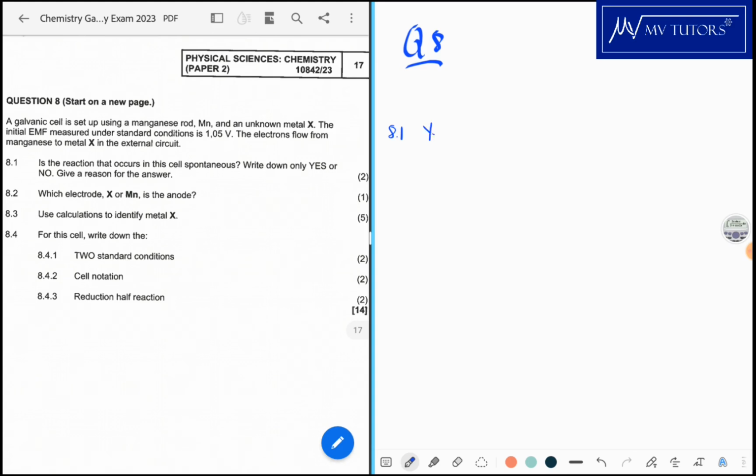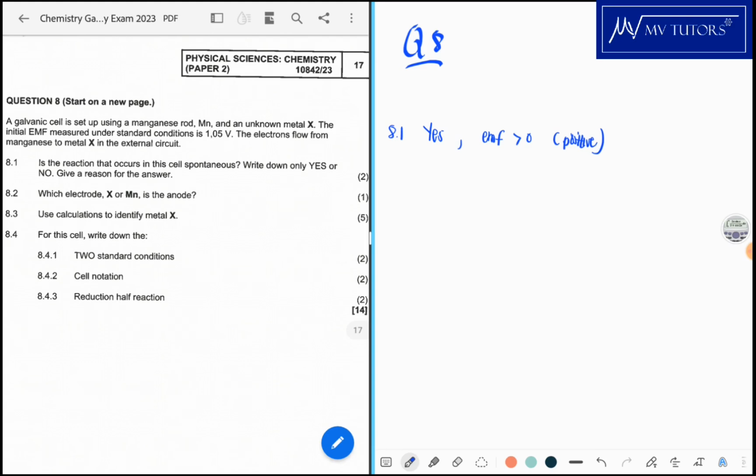Yes. With galvanic or voltaic cells, the reaction that occurs is spontaneous. Now it says give a reason for the answer. It is spontaneous because the EMF is greater than 0, or we could say the EMF is positive.